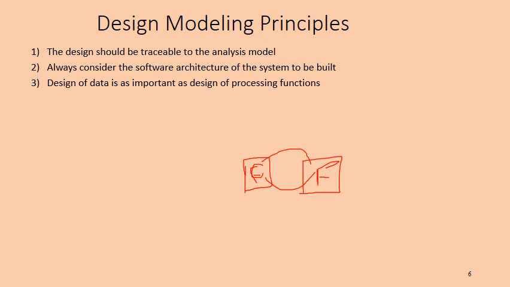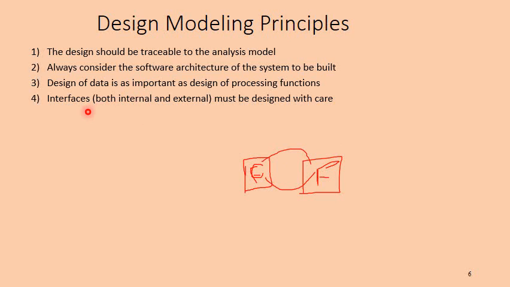Which function is going to use that data? What will it return? Will it return only the integer part? Suppose you are going to buy a shirt. It is not possible that every time the cost of the shirt is 799 or something. It might be 745.50. So you have to be clear and define each and everything, what the output of that data will be, not only the function. So design of data is as important as processing the functions.